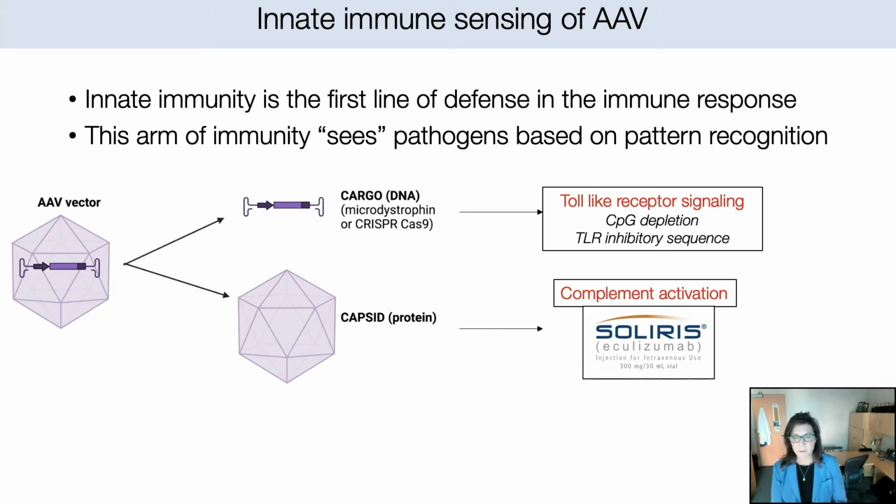So we also have ways to cope with TLR signaling that includes CpG depletion and using a TLR inhibitory sequence. So scientists are working on developing ways to inhibit this pathway, and it may help increase the efficacy of the therapy. So this is innate immunity.